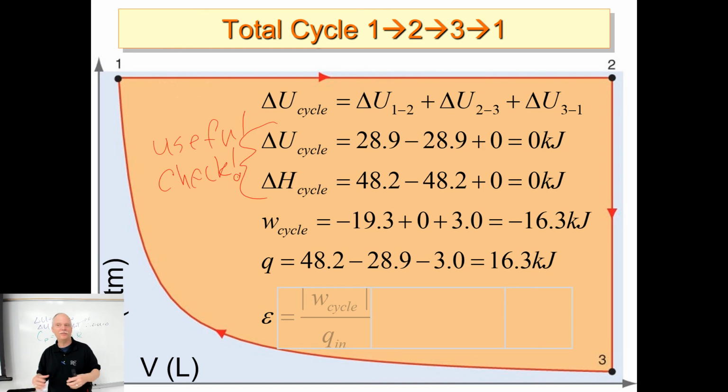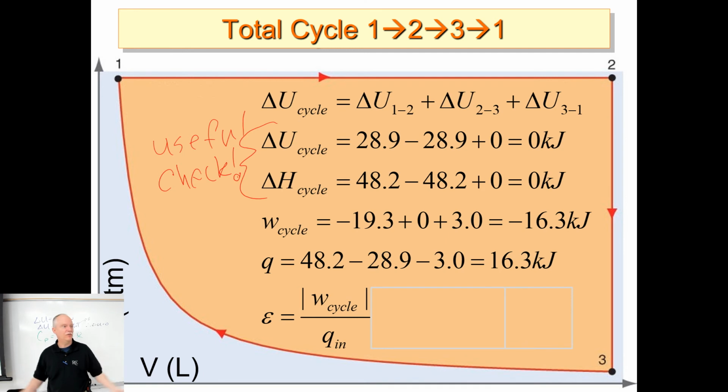I'm burning something or using something or refining something to put heat into the system. So all I care about is the heat in, not the net heat. That's why efficiency takes only the positive value for Q. Looking in that row, there's only one positive number, and that's plus 48.2. That's what I had to spend my money on.